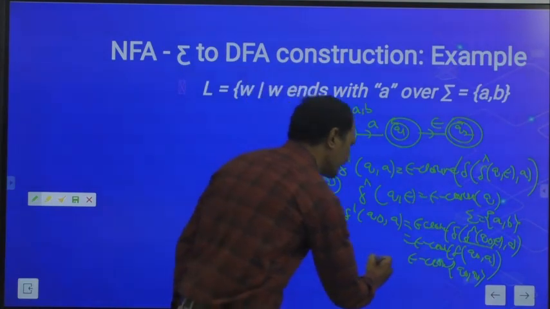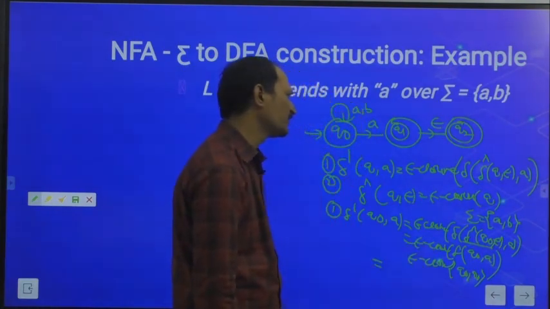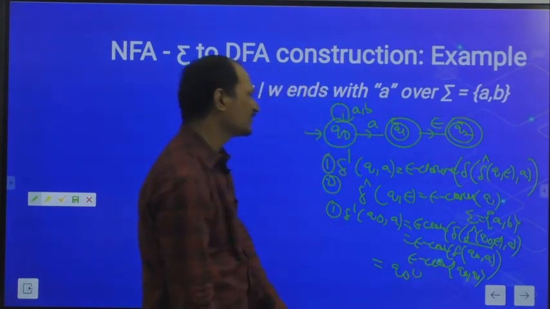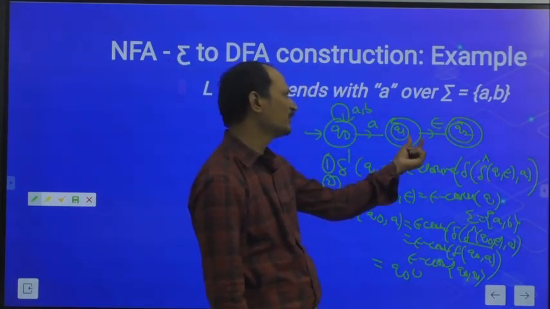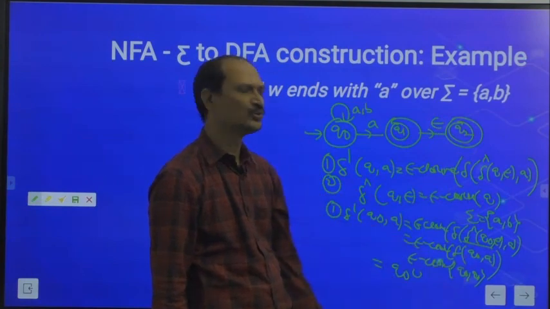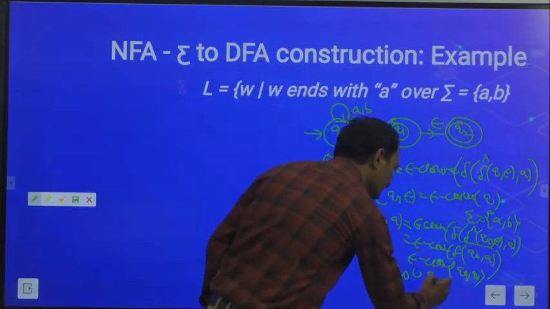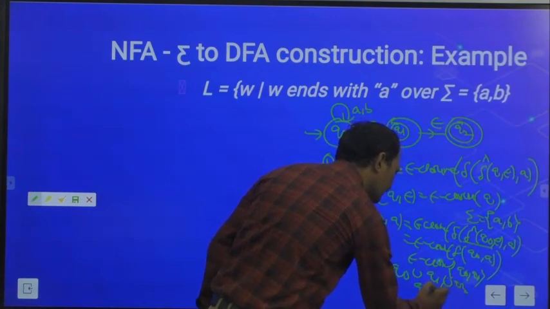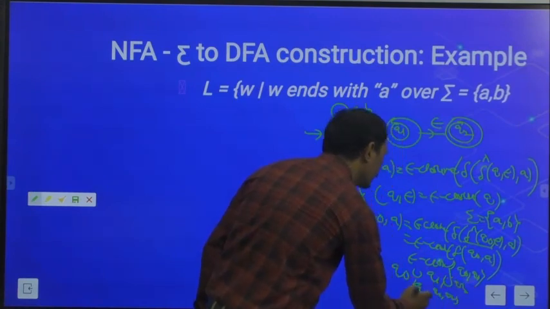So that is the value. What is the epsilon closure of Q0? It's Q0 only, union. What is the epsilon closure of Q1? Q1, and from Q1 I can reach Q2. So I can say that it is Q1 union Q2. So Q0 comma Q1 comma Q2.